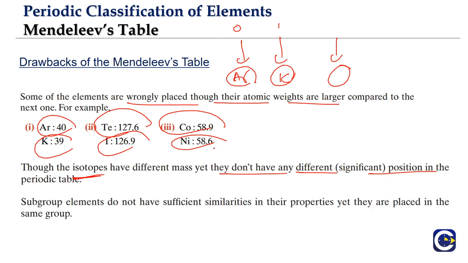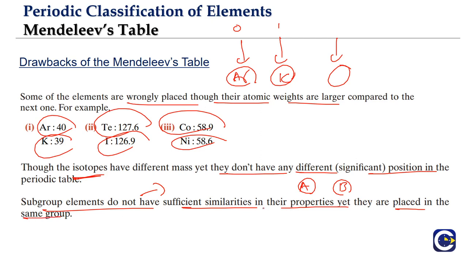And we talked about the subgroups, subgroup A and subgroup B. Other than the 0 and 8th group, all the others are divided into subgroups. The subgroup elements do not have sufficient similarities. Other than the oxide and hydride formulas looking similar, the properties of the subgroup elements were not similar, but still they were kept as a part of the same group. They were not split.